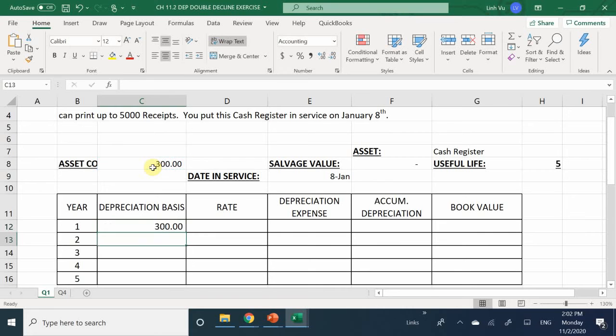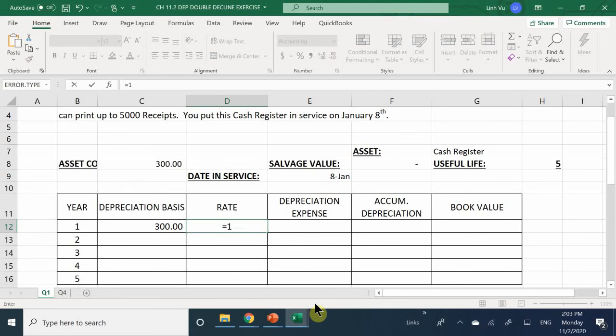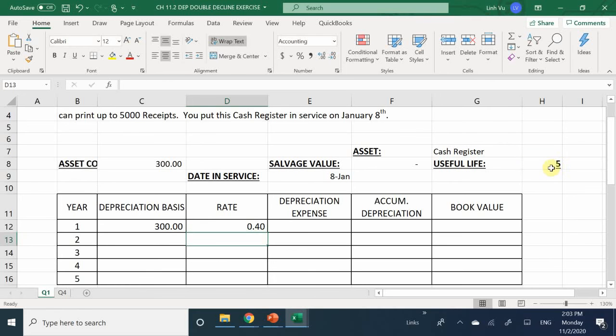Good. What's my rate going to be? That's the 40%. Yes, it's 40%: 1 divided by 5 times 2 gives you 40%. Good. So what is my depreciation expense going to be for my first year?